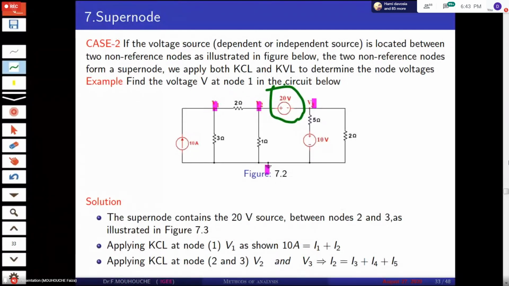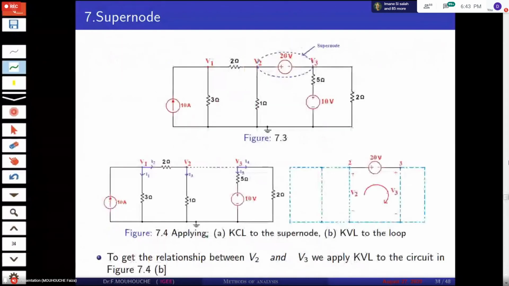The super node contains the 20 volt source between nodes 2 and 3, as illustrated in the figure. This is the super node. We delete the source as shown in this figure. We analyze the circuit without the voltage source, and we analyze the voltage source, or the super node, alone.